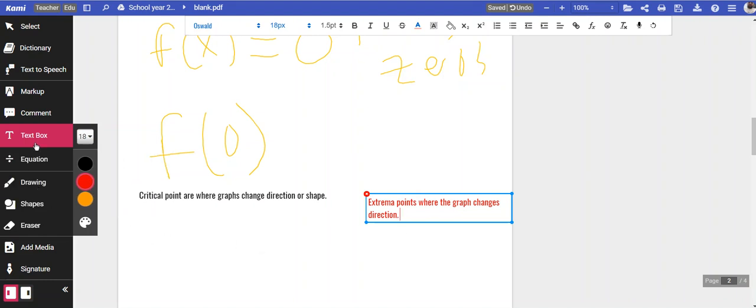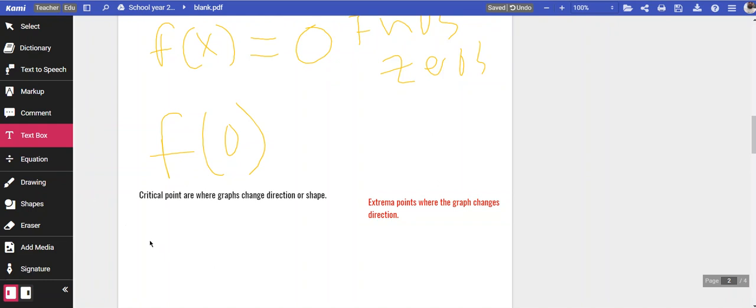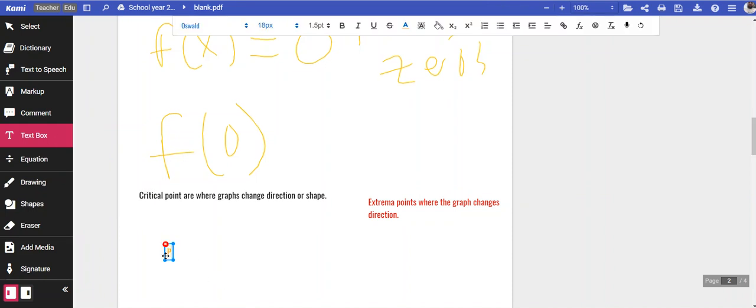And then there's another thing that we need to know about, called a point of inflection, and this will come up in calculus. What is a point of inflection?